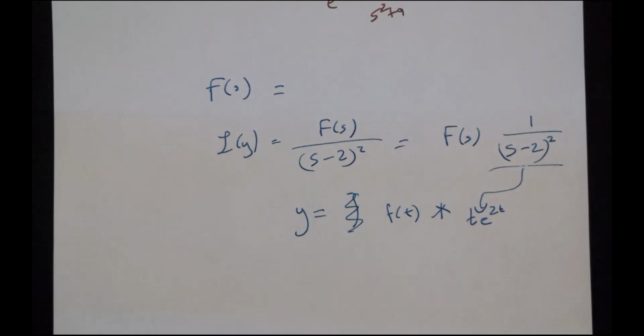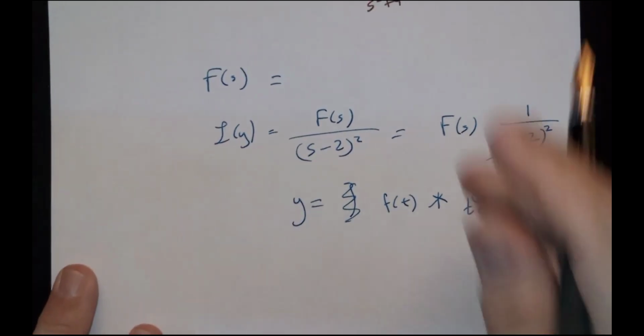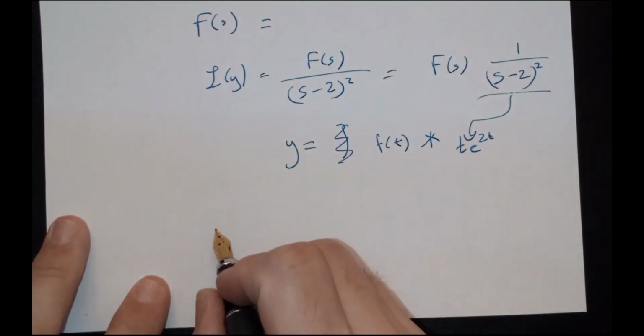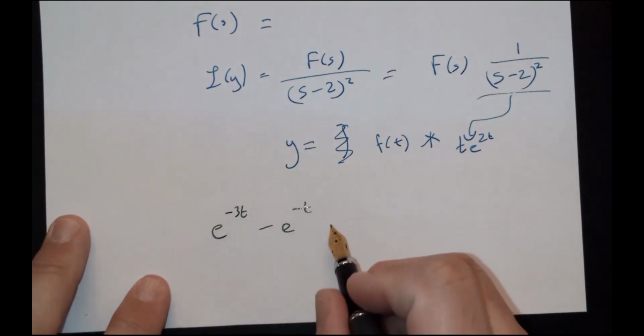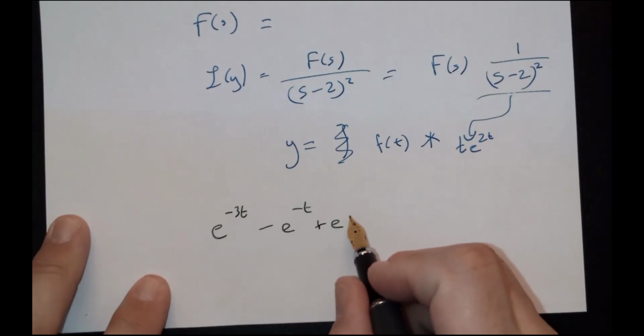So what is your equation that you want to graph? It's e to the negative 3t minus e to the negative t plus e over 2, parentheses, e to the negative 3t minus 1.